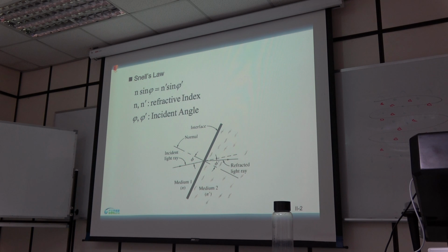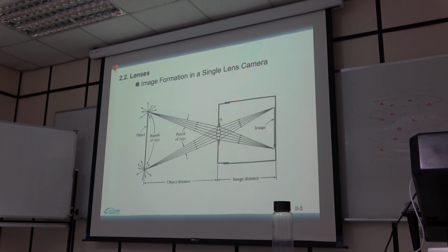So you have refraction to be considered if you are talking about precise photogrammetry work. Snell's law is for deciding the refraction angle and incidence angle. So that's one of the applications in photogrammetry.